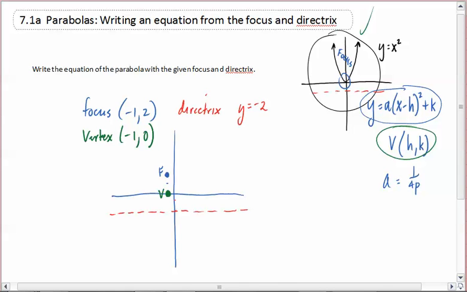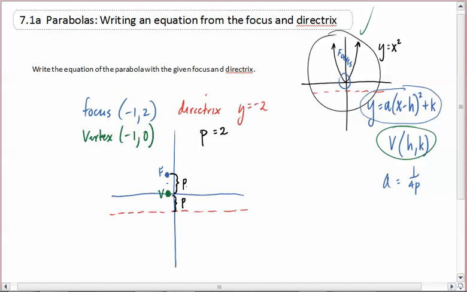So let's go ahead and take a look now at labeling some information. This right here, the distance from the focus to the vertex, is our P. And it is always the same as the distance from the vertex to the directrix. So I would label both of them P. So in this case, my P is 2.